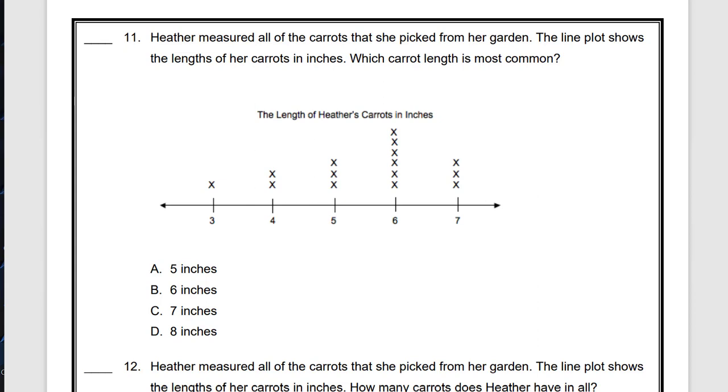Heather measured all of the carrots that she picked from her garden. The line plot shows the length of her carrots in inches. Which carrot length is most common?